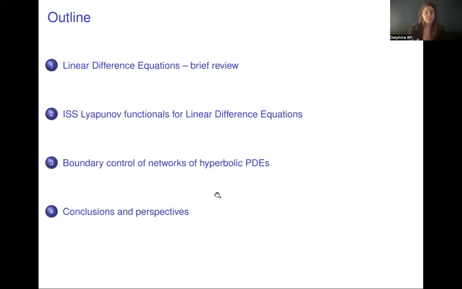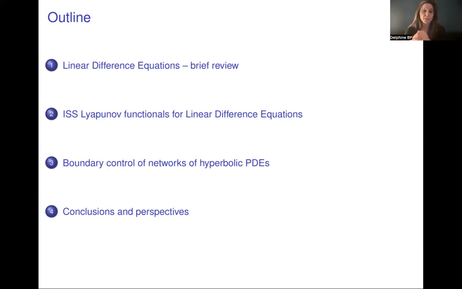So this gives you now the outline of my talk. I'm going to present a bit more on some properties of linear difference equations, just for your curiosity and for the sake of completeness, to give you a few properties. There is not that much work that has investigated this question, so this will be very brief.